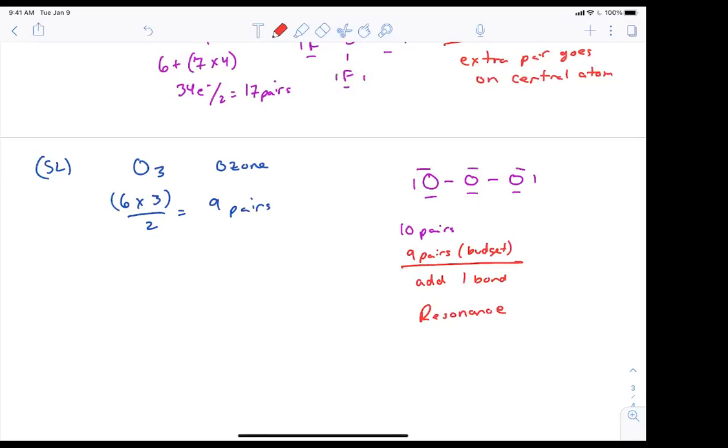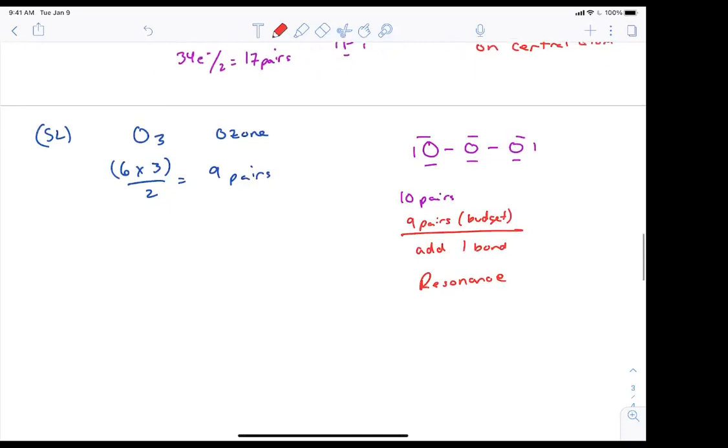So doing the structure this way will tell you whether it's a resonance structure or not. Because if you have 1 bond that you have to put in more than 1 place and it doesn't matter which one it is, then you'll have resonance. So the structure of ozone is actually in one form this, and the other form this. That's what ozone is.